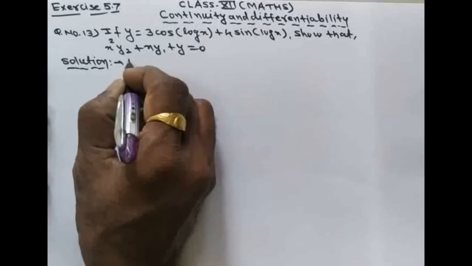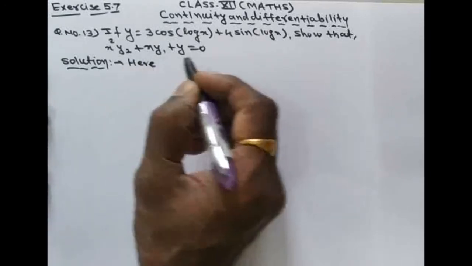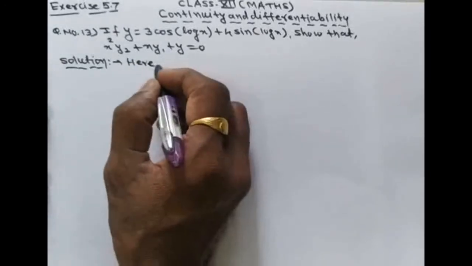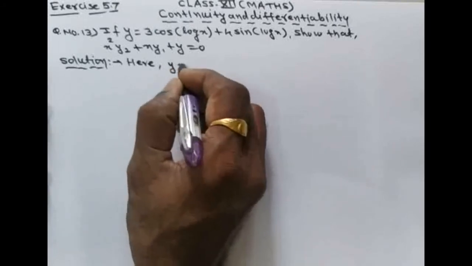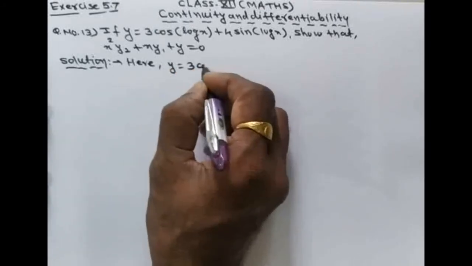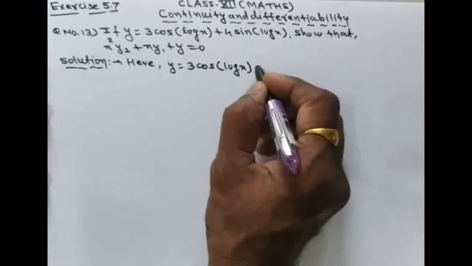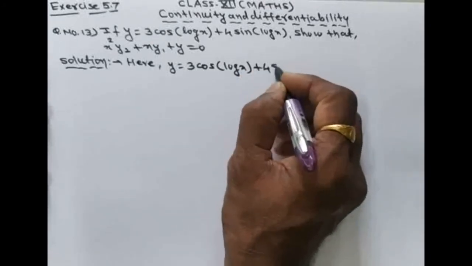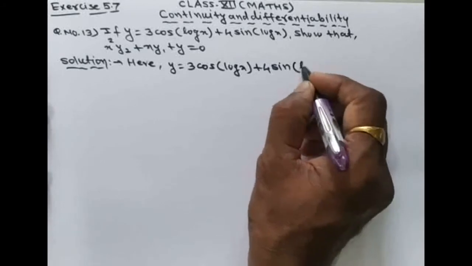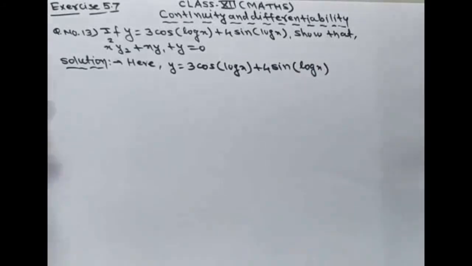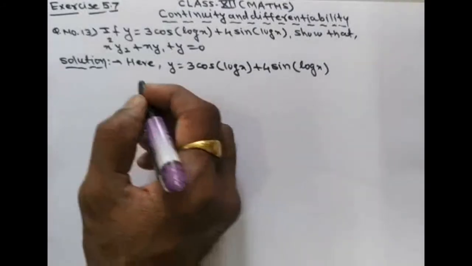So here, what is given? First write y equals 3 cos log x plus 4 sin log x. So this is given. Now dy by dx.